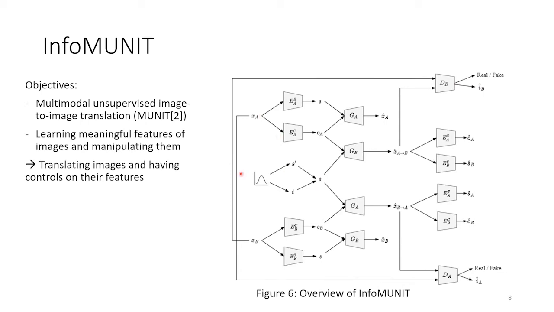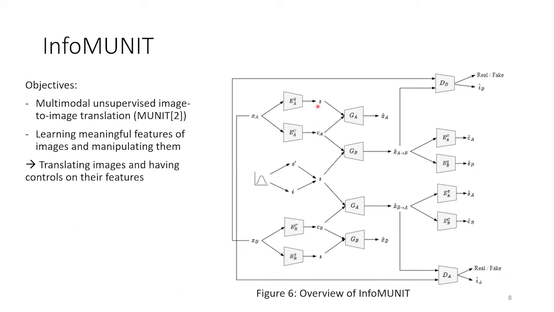We also learn to reconstruct the content code. For example, here you can see CA going through the generator, and then we extract the content again. So this reconstructed content code should look similar to the original content code, and the same for the style code.